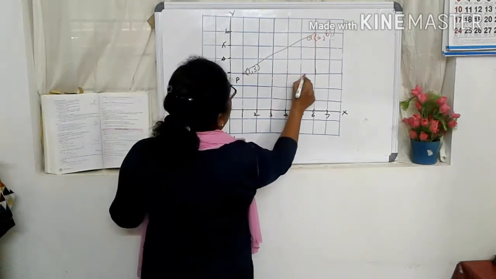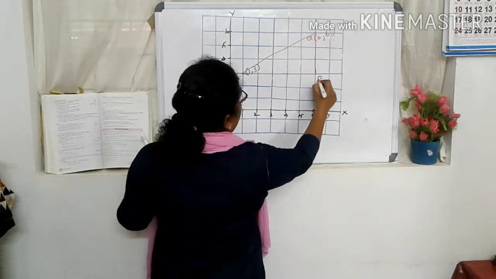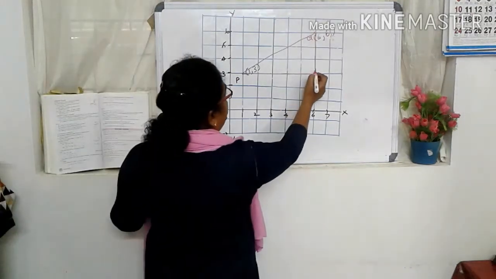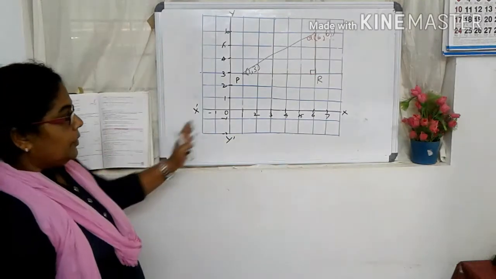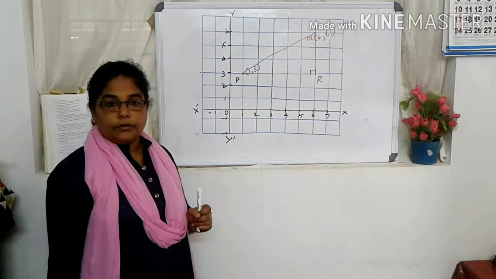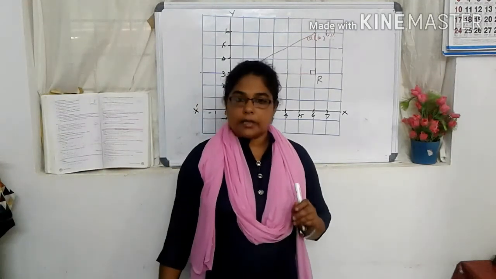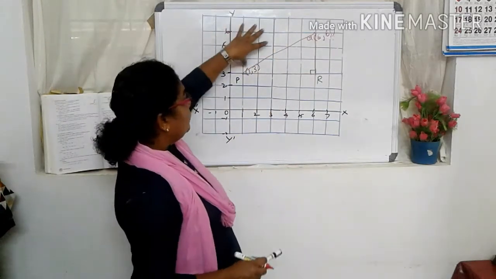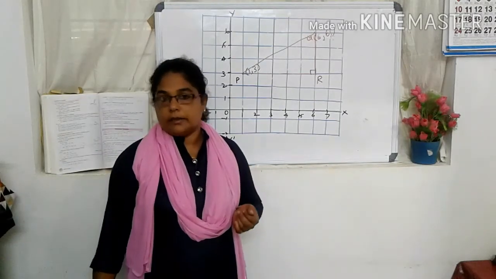Now we got a right angle triangle PQR, with the point R here. How many degrees is the angle at R? Yes, it is 90 degrees. What type of triangle is this? A right angle triangle. PQ is the hypotenuse of this right angle triangle.